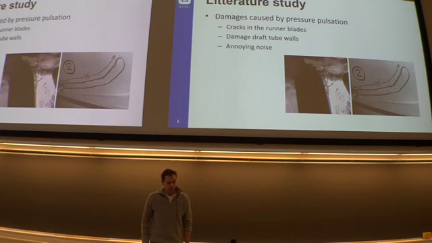And in a worst case scenario, this may lead to the failure of the runner. The draft tube vortex can cause damage to the draft tube wall, and in general, pressure pulsations will cause an annoying noise.